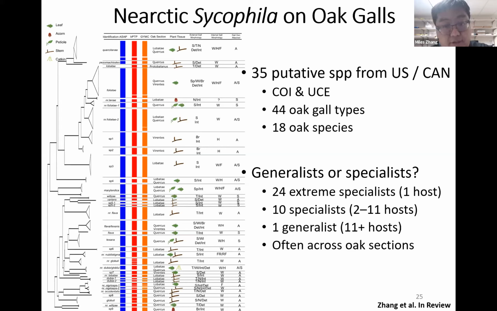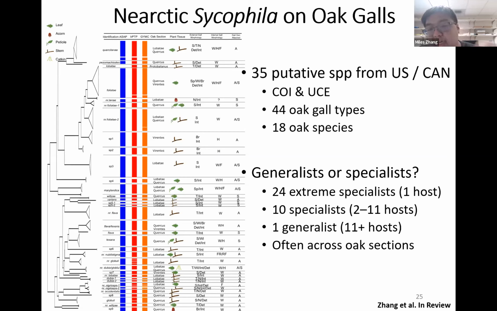And 10 of these are specialists, with hosts ranging from 2 to 11. And then we only have one that we considered a generalist, because it had 11 plus different hosts. Of course, this could be partially due to our sampling bias, but this is the data that we have to work with. So until we know more, this seems to hold.